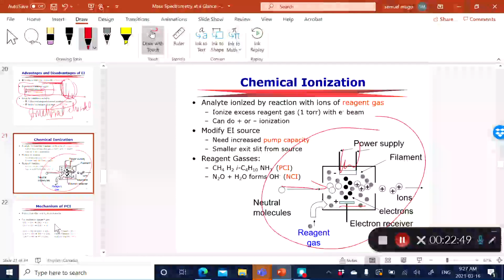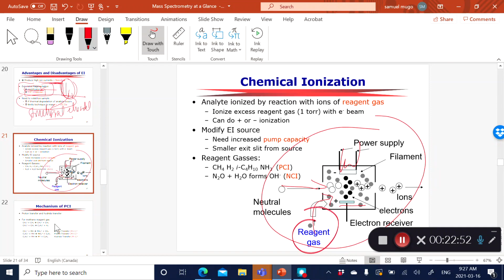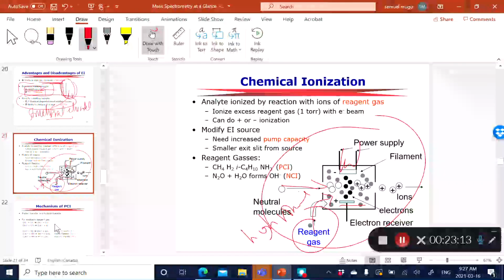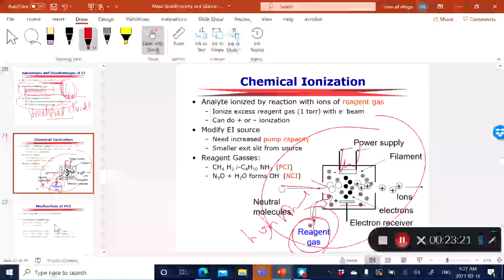The only difference is that you add into that environment what you refer to as the reagent gas. And typically you add the reagent gas in fairly high volume, meaning the electrons' probability of hitting the reagent gas is a lot higher than hitting the neutral molecules. Now, the reagent gas gets ionized because of its impingement onto these very high energetic electrons.